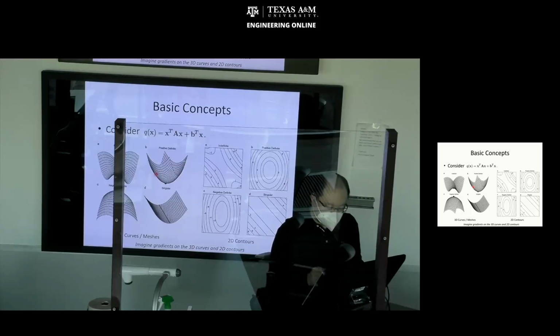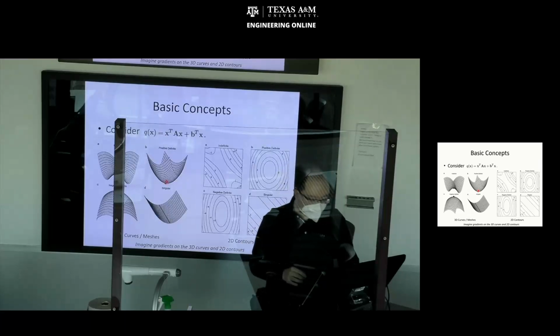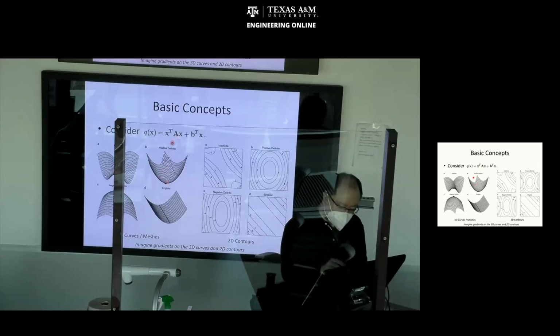So then you have a local and global optimum here. If A is negative definite, it's a concave shape instead, so there's a local and a global maximum.